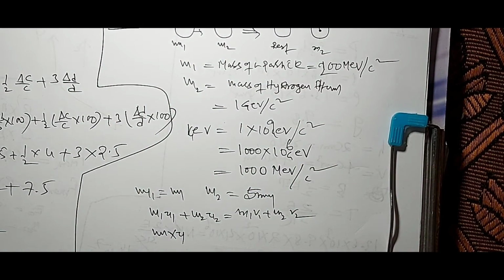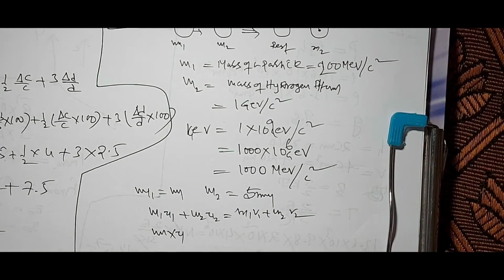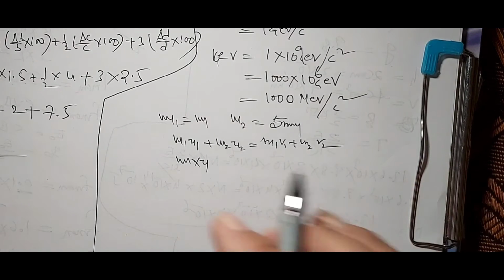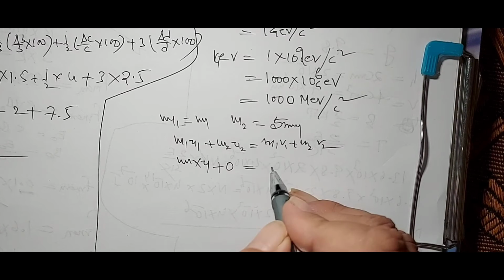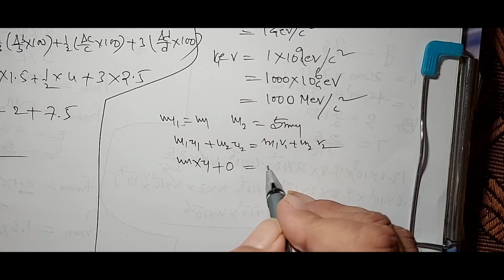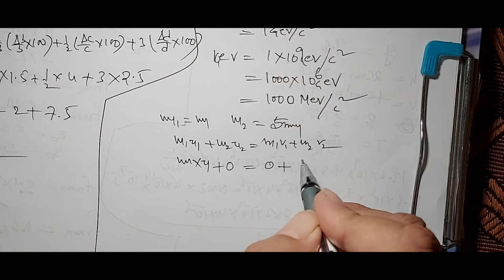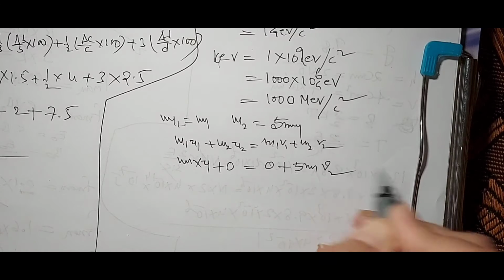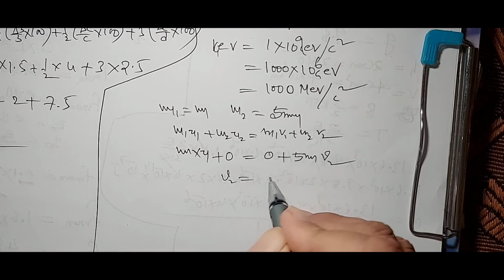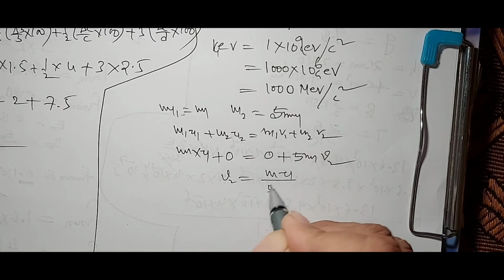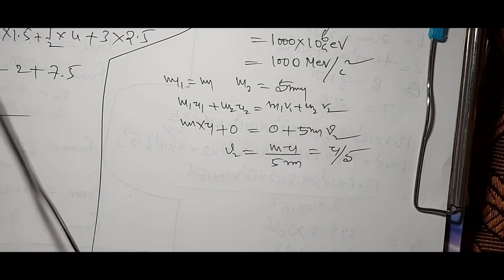U, before collision, plus 0, initially the second particle is at rest, that is equal to m1 comes to rest after collision, but m2 is nothing but 5m. What is the velocity of m2? We are going to decide. v2 is equal to mu by 5m, that is equal to u by 5.